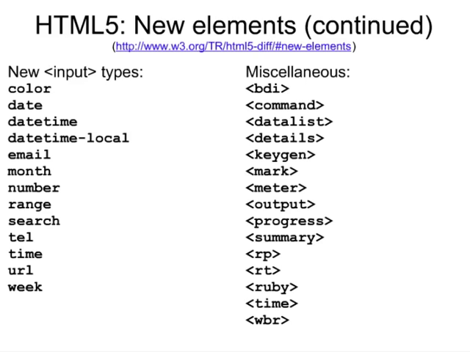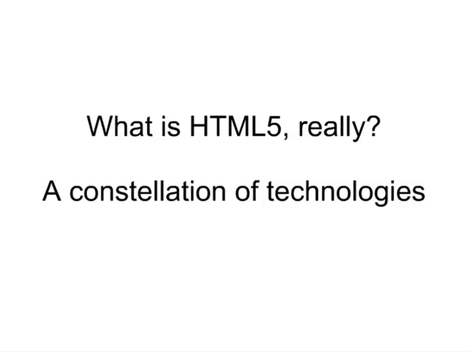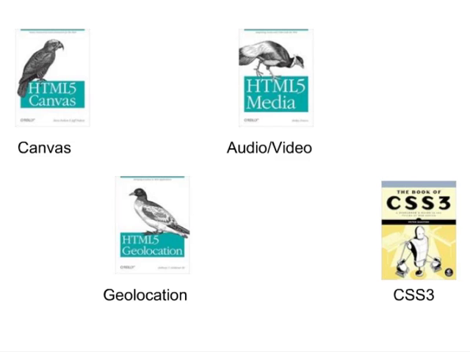But that's just a bunch of tags, and when people talk about HTML5, what they're really talking about is a constellation of different technologies. When people take a broad view and talk about HTML5, they're usually talking about the promise of canvas, the promise of geolocation, audio, video, and also presentation via CSS3.